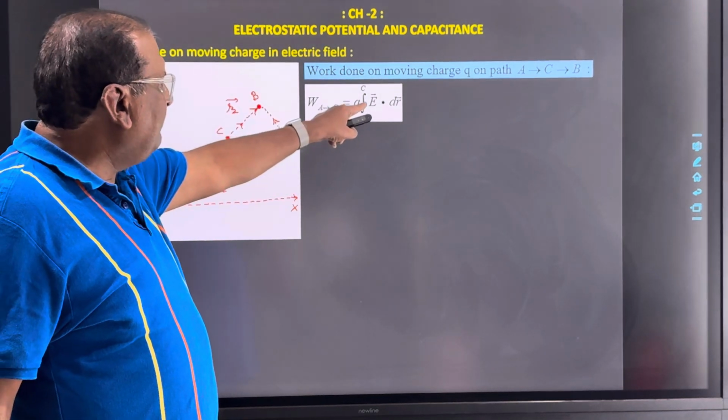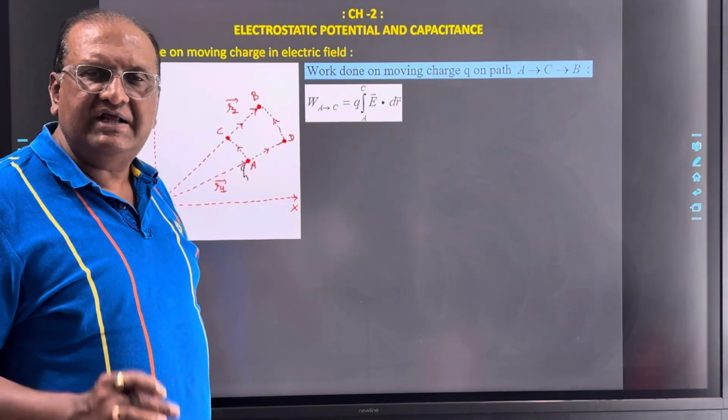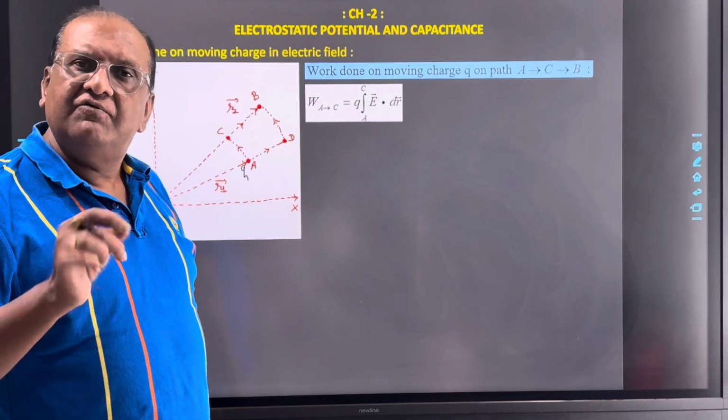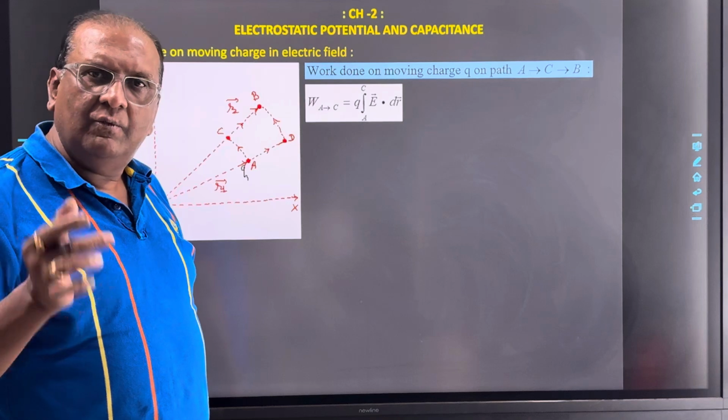So in the electric field E, force on charge q is qE, and dr is displacement, force into displacement, that is work done.